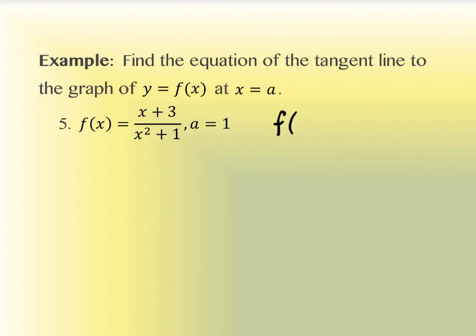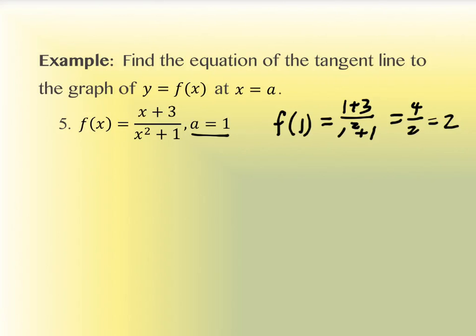Great, so we're going to plug in the number 1, because this says a equal 1, into our function. So if I plug that in, I get 1 plus 3 over 1 squared plus 1 for a grand result of what? 2. 4 over 2, which is 2. All right, so my x value is 1, my y value is 2. That's already a step ahead of the last section when I had 29/2, right?